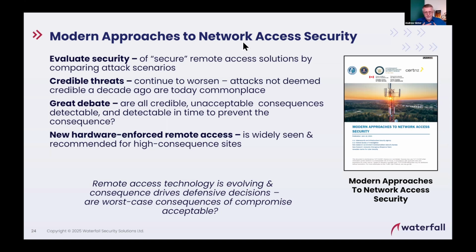What I believe the industry urgently needs to do is figure out for each different industry, for each different system, how we can design our systems so that even if they're compromised, ideally we can detect the compromise, but even if they're compromised, is there a way to design the systems in such a way that they cannot cause unacceptable consequences, that they can inflict upon us only acceptable consequences?